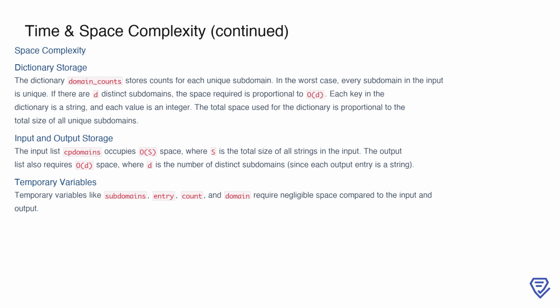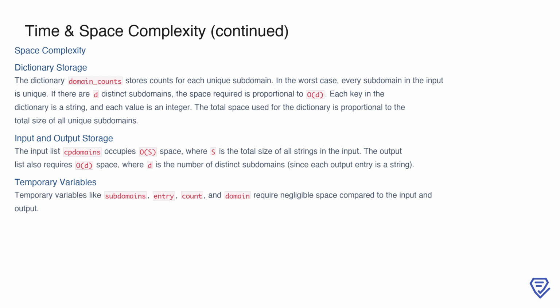The space complexity of this solution is primarily determined by the storage requirements for the dictionary, the input, and the output. The dictionary domain_count stores counts for each unique subdomain. In the worst case, all subdomains are unique, so if there are D distinct subdomains, the dictionary requires O(D) space. Each key in the dictionary is a string, and each value is an integer, so the total space used is proportional to the combined size of all unique subdomains.